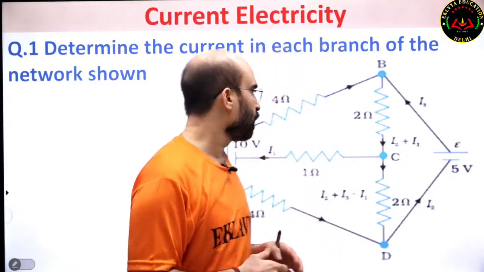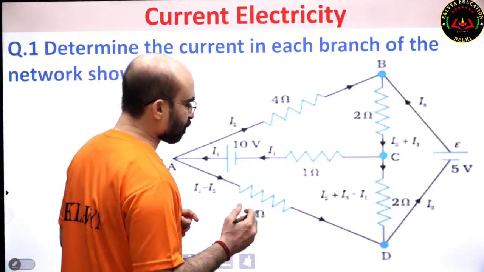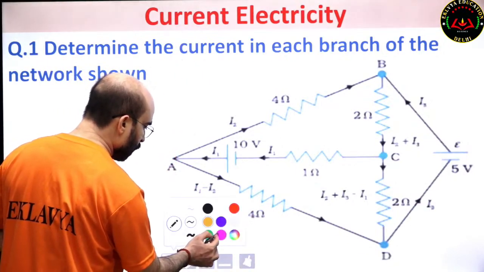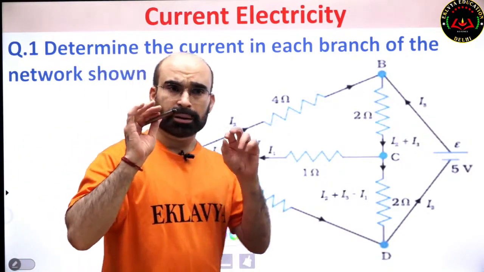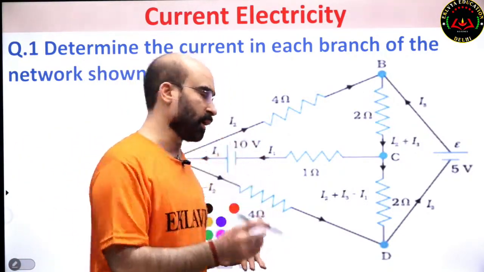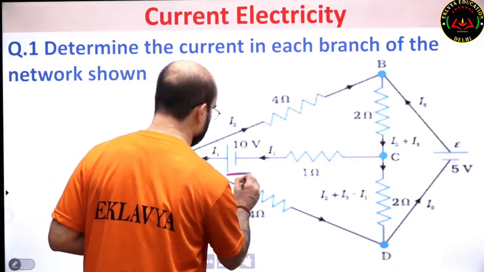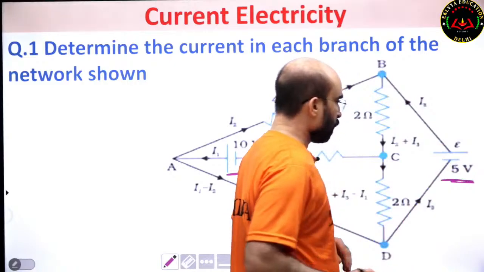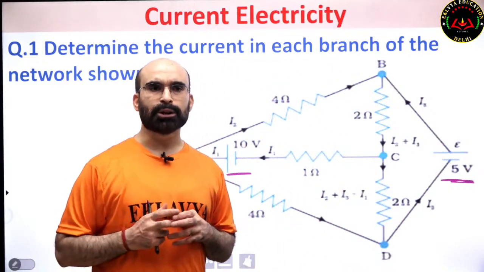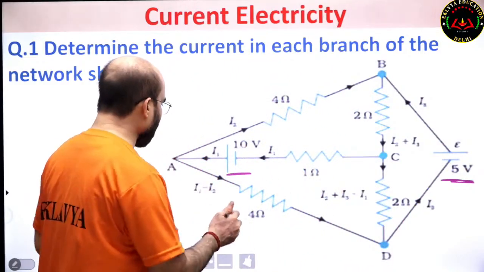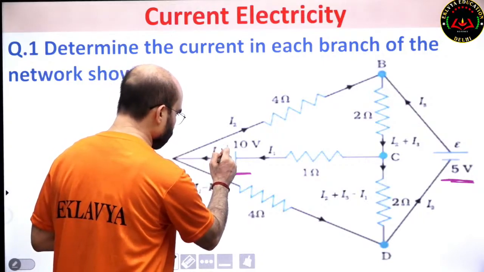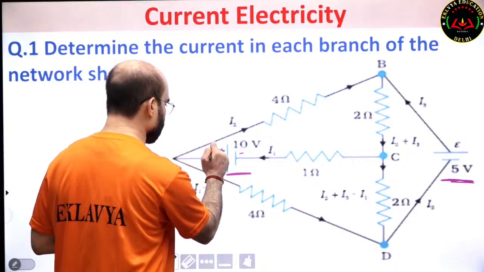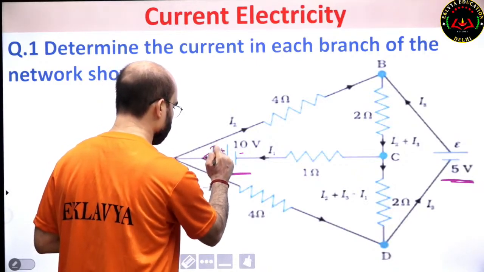Let us take this example. First of all, take the cell and see where the cell is. You have one cell here, and one cell here. We will start from the positive terminal of the cell with one current, let's call this current I1.